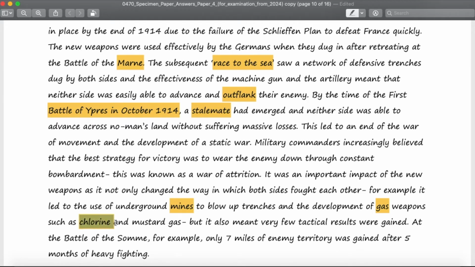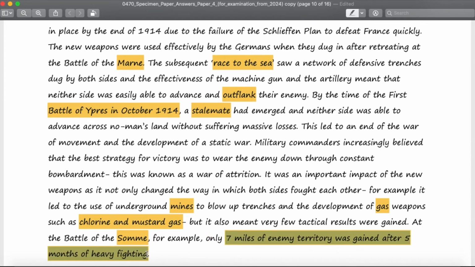Here's some more details from the weapons that were mentioned before. Gas. So actual examples of gas weapons: chlorine and mustard gas. Even though it didn't have a lot of tactical success, it just again added to the impact of the psychology of the soldiers, which is the topic of the next paragraph.